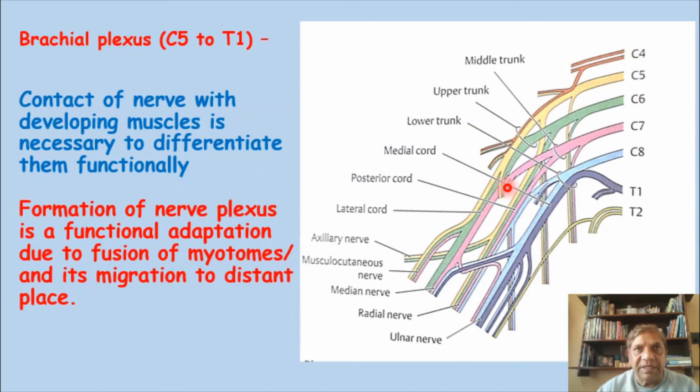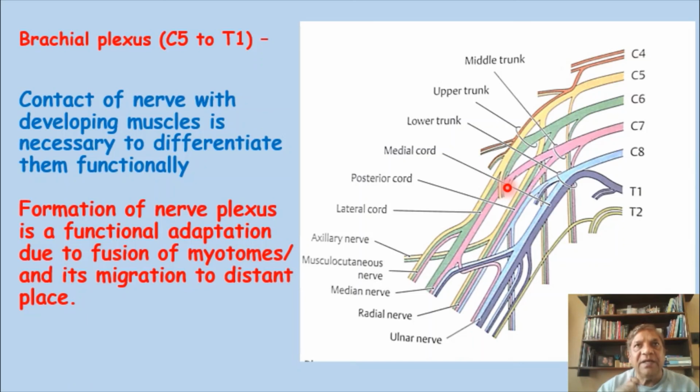So the contact between the nerve terminal, that is the axon terminal at the motor end plate, and the muscle is necessary to define its function. So the formation of the nerve plexus is a functional adaptation. Why are nerve plexuses formed? It is a functional adaptation due to fusion of myotomes.